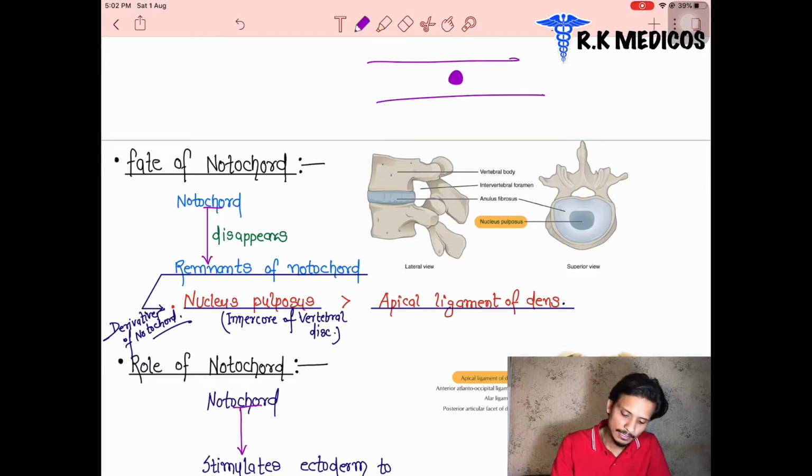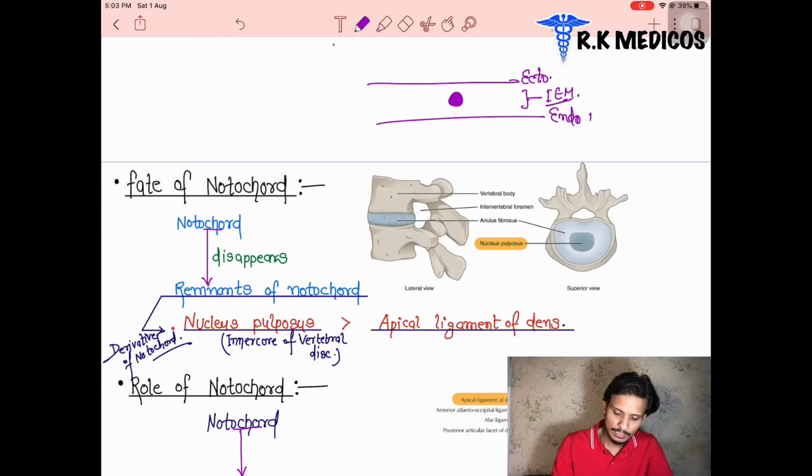So we can see this is the ectoderm, this is the endoderm, and the intraembryonic mesoderm, the third layer. We can see all these three layers, the first, the second, and the third. There the three germ layers are forming, and inside it there is a notochord.